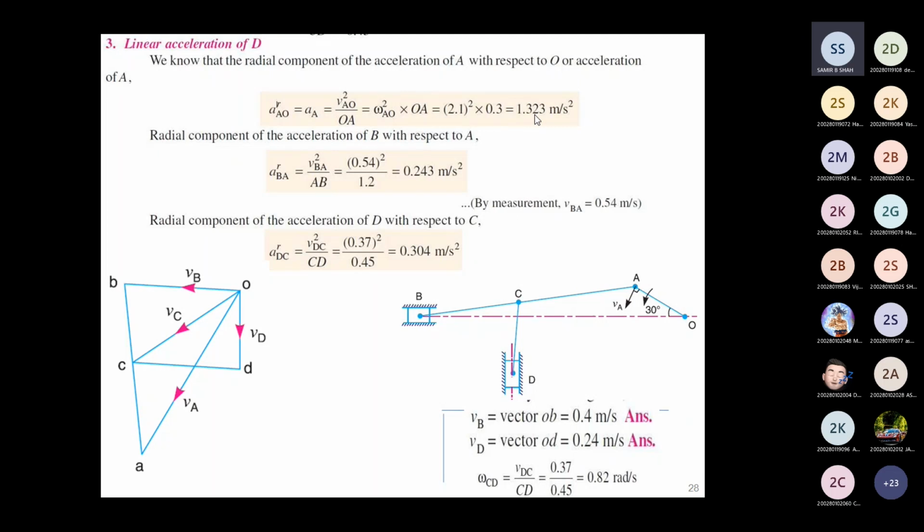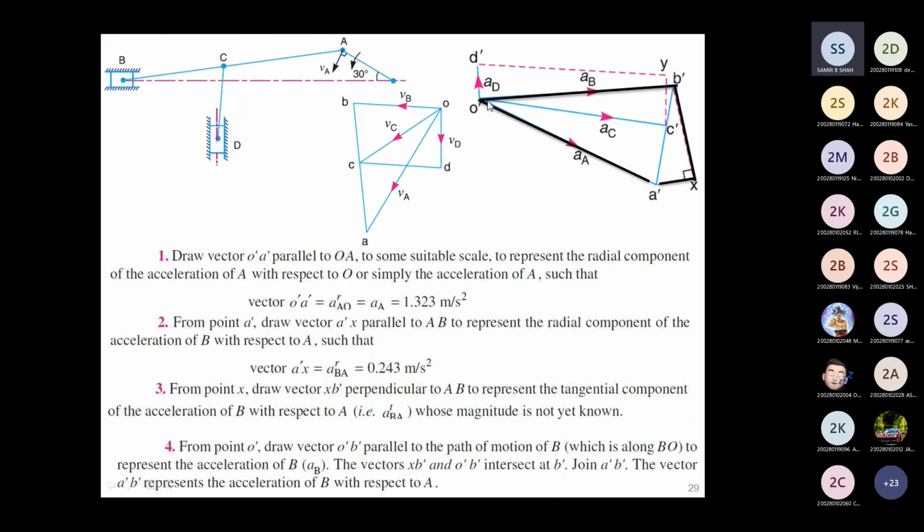So I draw the line from O. O is wherever you want, you may take. Okay. So start with the OA, which is parallel. I'm getting point A dash, where OA dash is equal to 1.323 meter per second square.